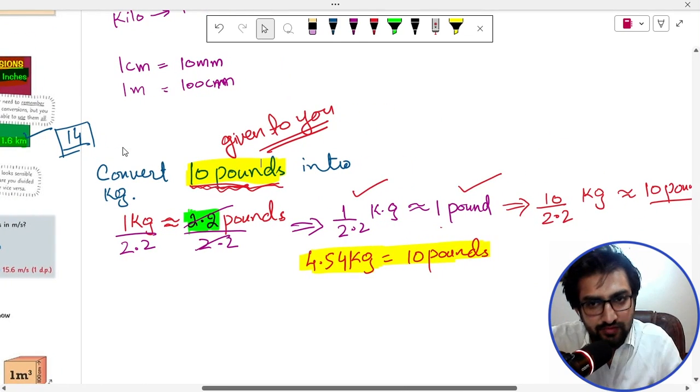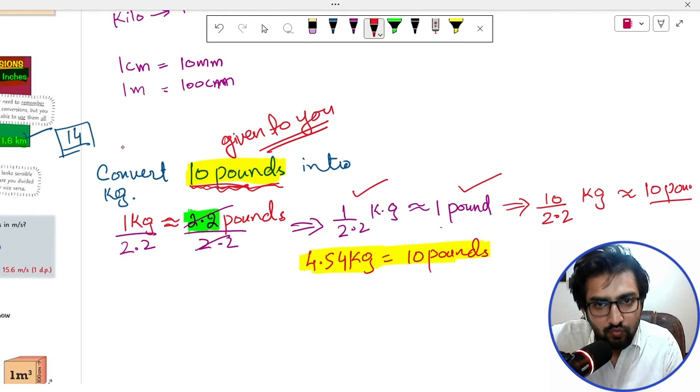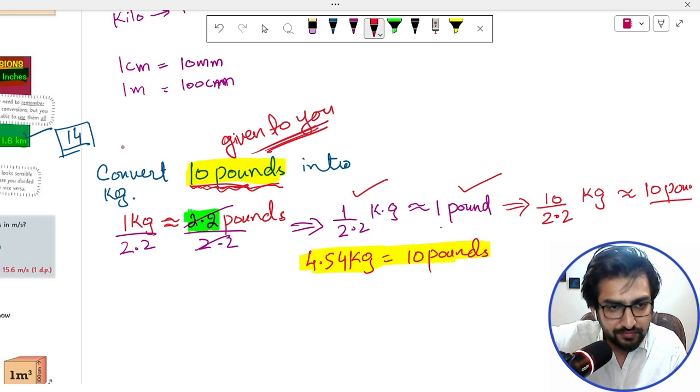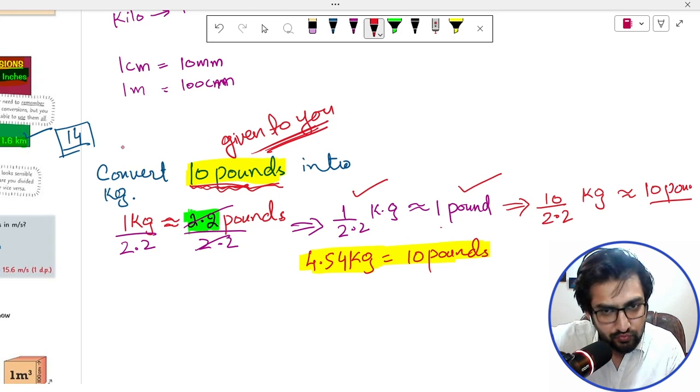You write it here. What is given to you, make one there. It is 2.2 written there. You need to make one here, and in order to make one here, you need to divide both sides by 2.2. So 2.2 is cancelled out there, and obviously you need to divide both sides, so 2.2 is there as well.